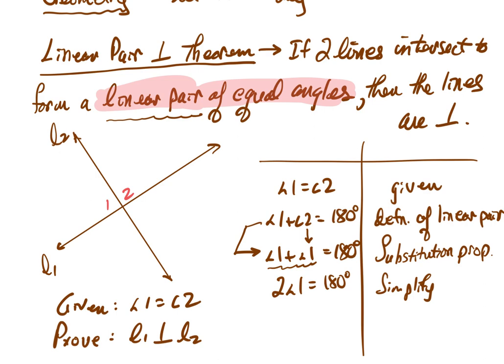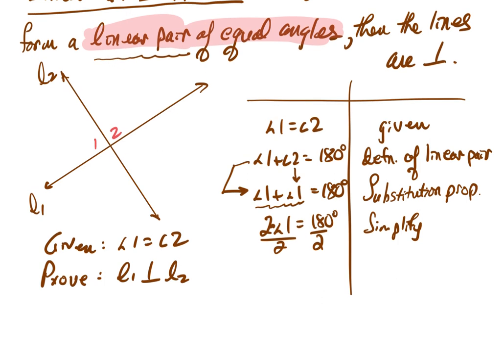Right? And by doing that, we create multiplication. So to get rid of multiplication, we divide. So we'll divide both sides by 2. On the left-hand side, the 2's cancel, leaving me with angle 1. On the right-hand side, 180 divided by 2 is 90. And since we divided both sides by the same thing, we were obviously using the division property.